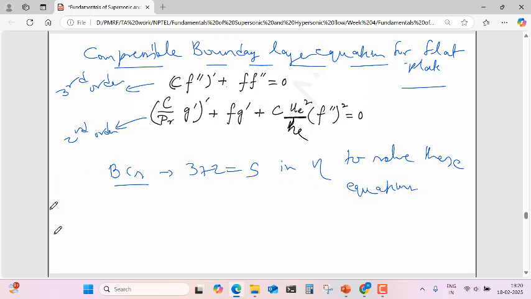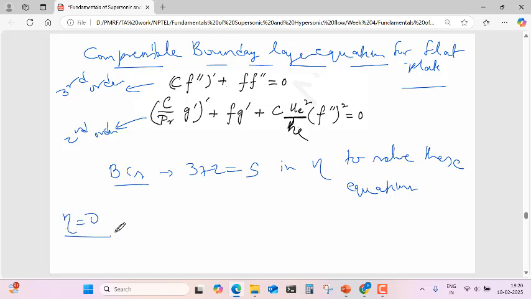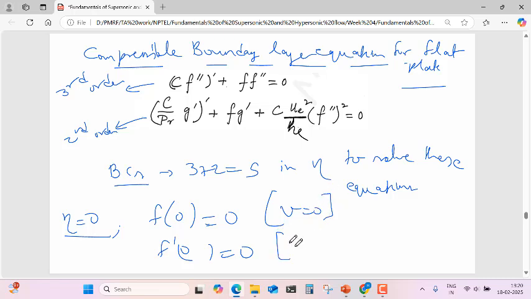At the wall, eta equal to 0, the wall boundary conditions will be f(0) equal to 0 and f'(0) equal to 0. This corresponds to v equal to 0, and this corresponds to u equal to 0.